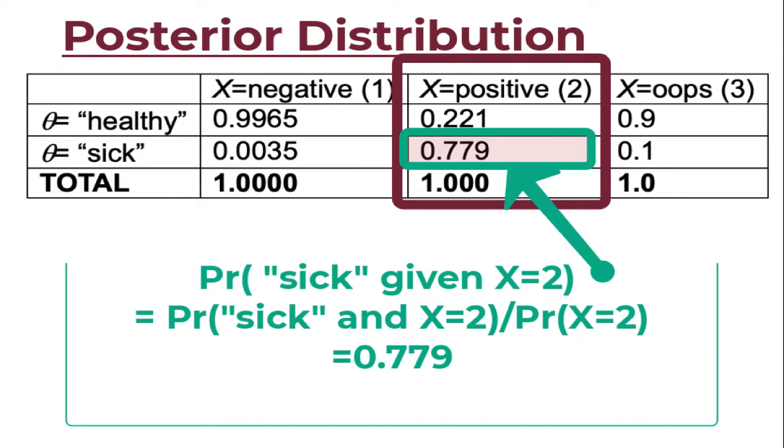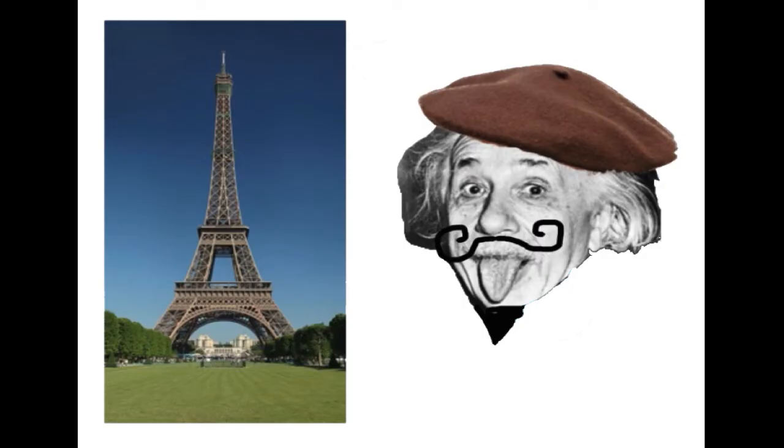That's right here. This posterior probability table combines the two types of probability, belief and frequency, in one table. And that's what we've been after all along. Posterior probability, or as the French say, probabilité derrière.